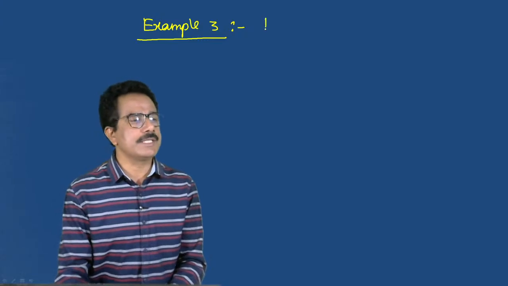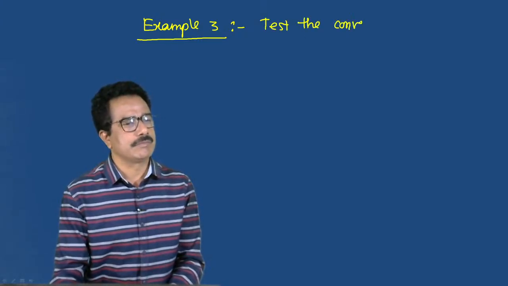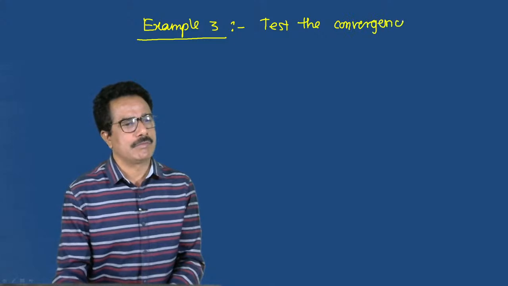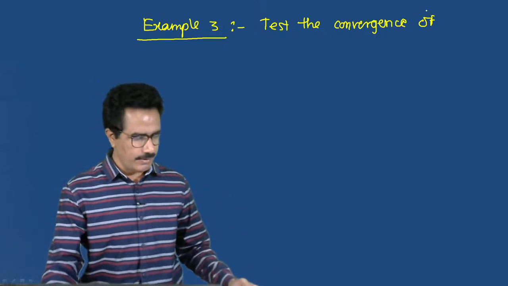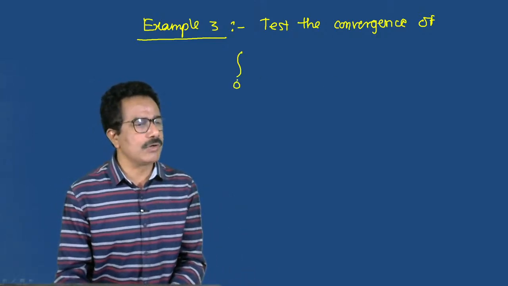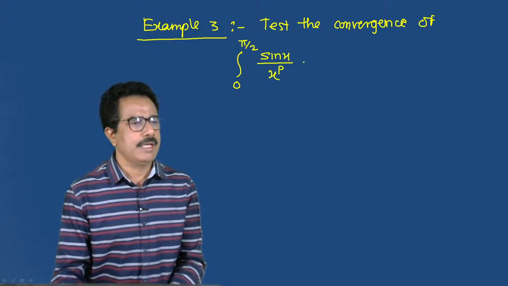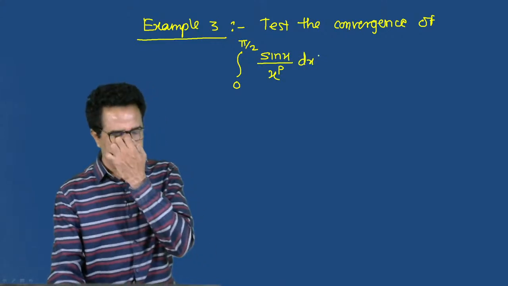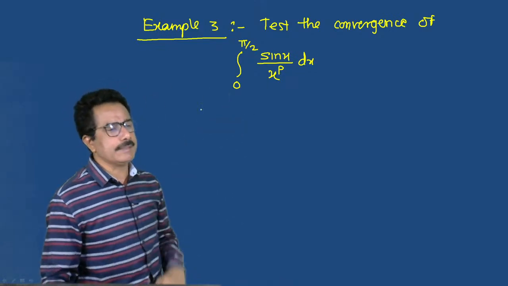Test the convergence of the integral from 0 to pi by 2 of sin x divided by x raised to p dx. Okay, now we have to discuss the convergence of this integral.